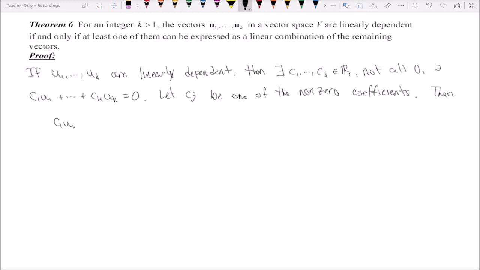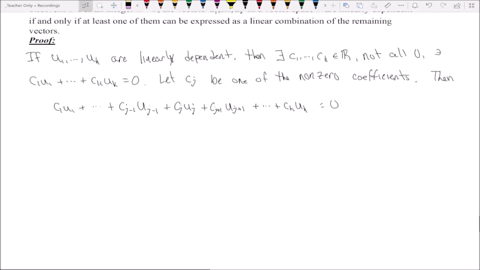Then c1u1 plus so on and so forth plus cj minus 1 uj minus 1 plus cj uj plus cj plus 1 uj plus 1 plus so on and so forth plus ck uk equals 0. Right, which means that we can write this.